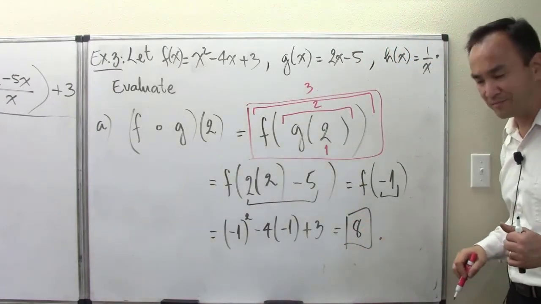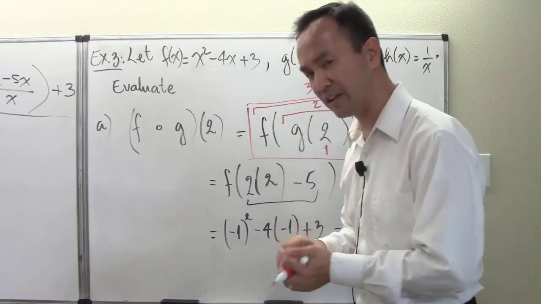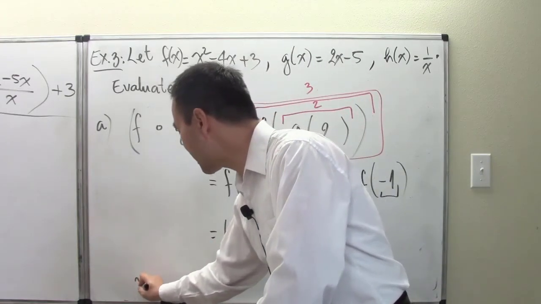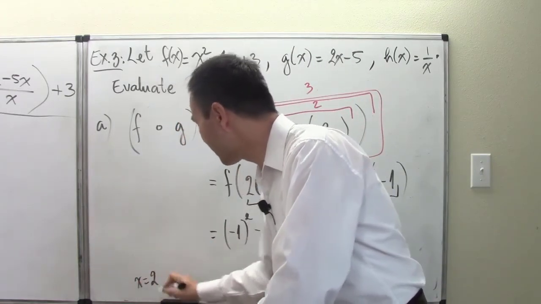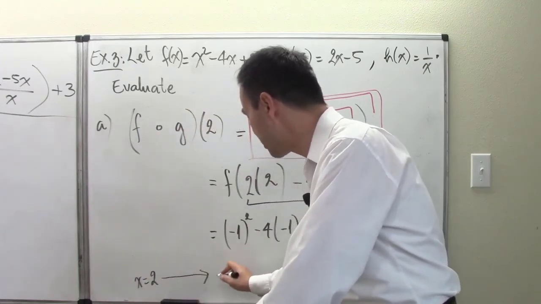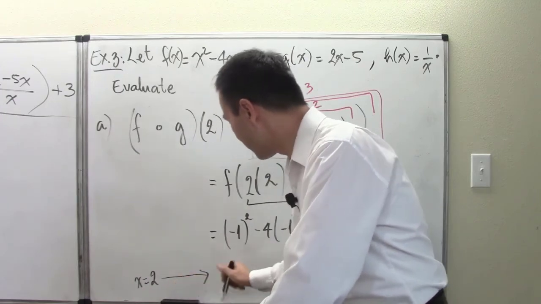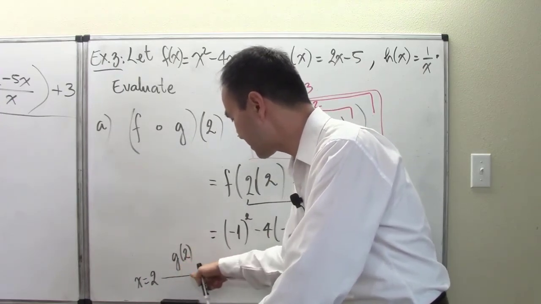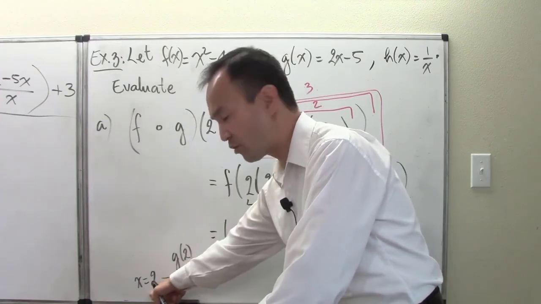Okay? And so in that way, think about the order of how it works. In step 1 right here, we go from x equals 2. The function g is going to take that input. So g of 2 takes that input from the innermost step.